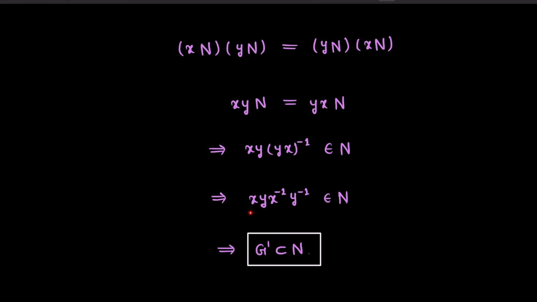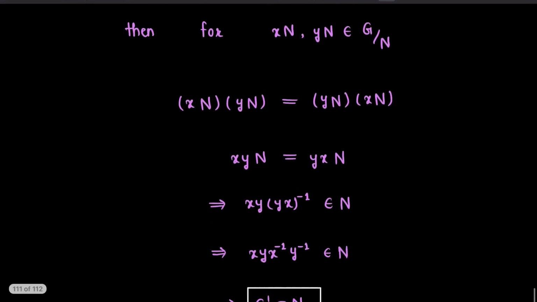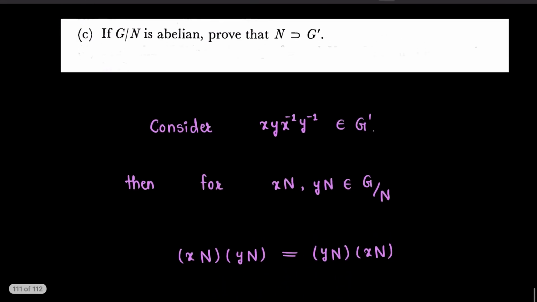So we get xyx inverse y inverse will be an element of normal subgroup N, and as xyx inverse y inverse is an element of G dash, and also an element of N, therefore G dash will be a subset of N, and this proves part C of our question.